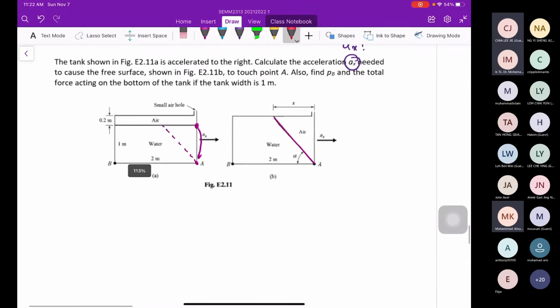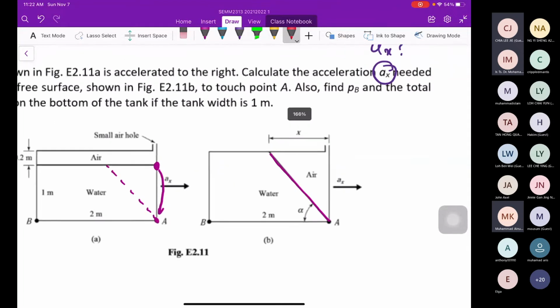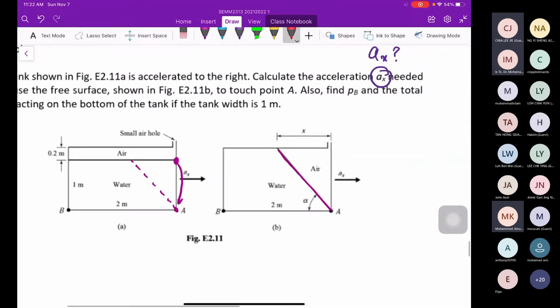So the first step, we can see we have the X here. Definitely we need to find the X component. Why do we need to find the X component? Because we need to find the alpha here. For alpha, we can use tangent alpha equals opposite over adjacent.